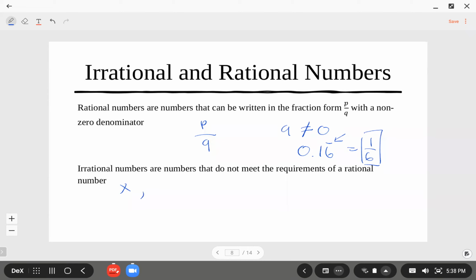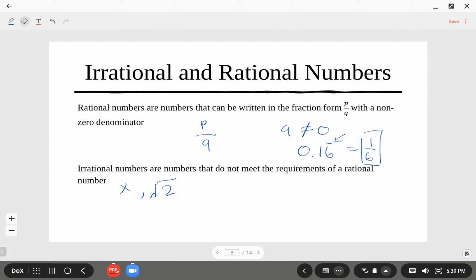Another common example are imperfect square roots. Let's say square root of 2. Square root of 2, you don't know what that is, right? So that is not a perfect square. However, on the other hand, square root of 4 equals 2, right? So that is, in fact, a rational number, okay?